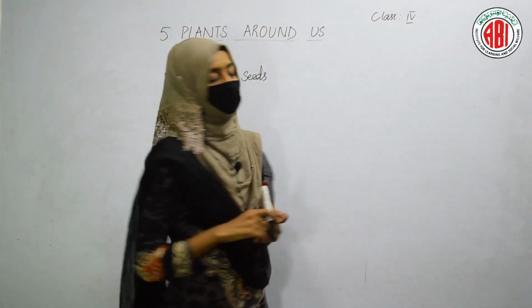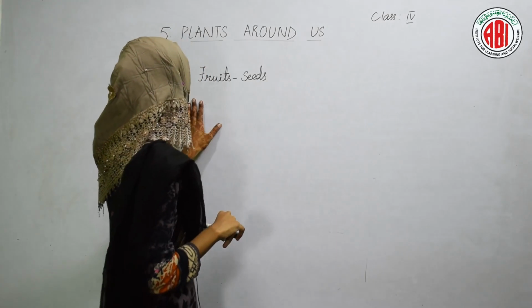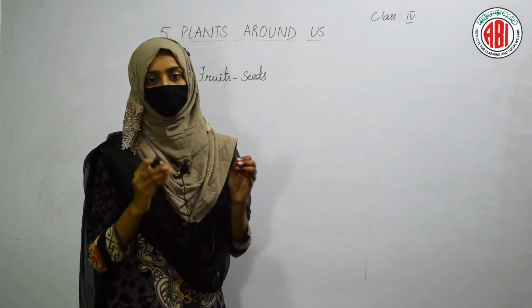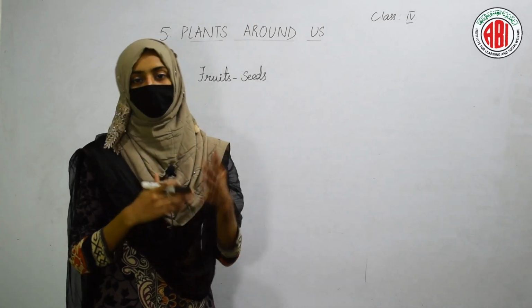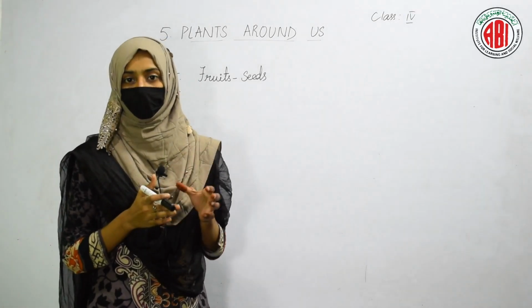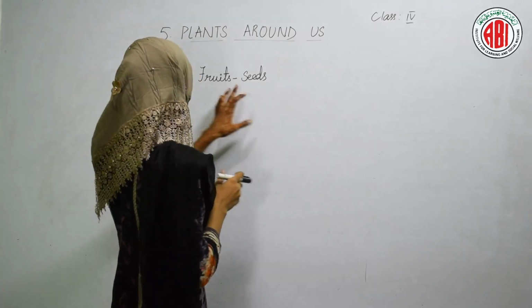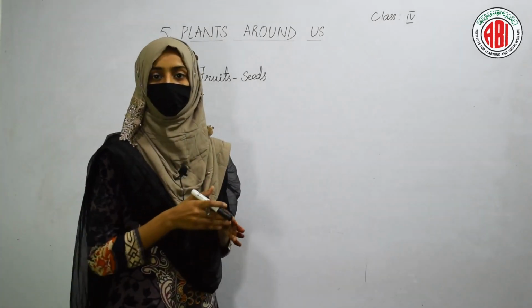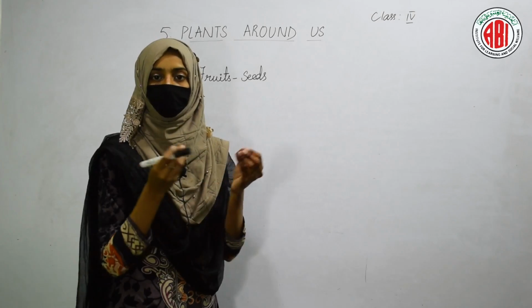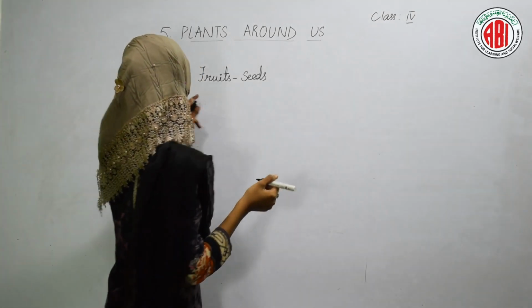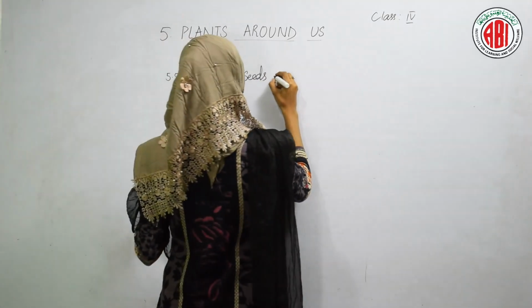Now in today's class, let us see how the fruits bear the seeds. We all know that flowers change into fruits, and the fruits bear seeds in them. When you sow the seeds into the soil, they can grow into a new plant. But we all know that seeds are of different kinds.